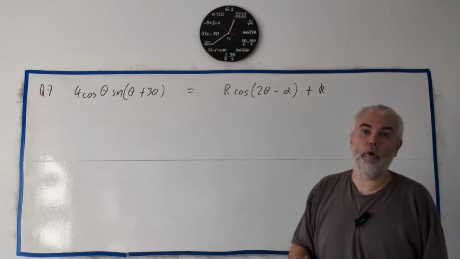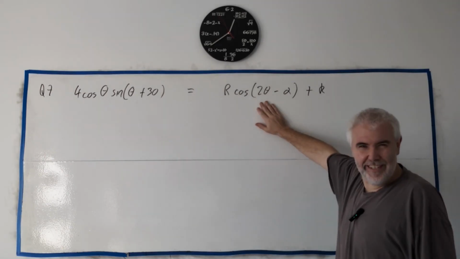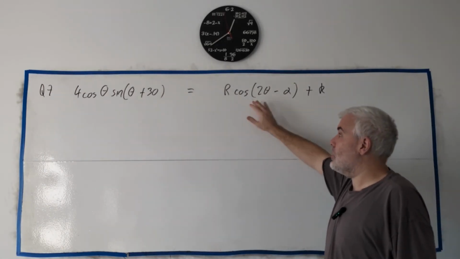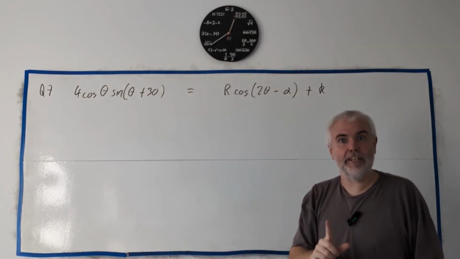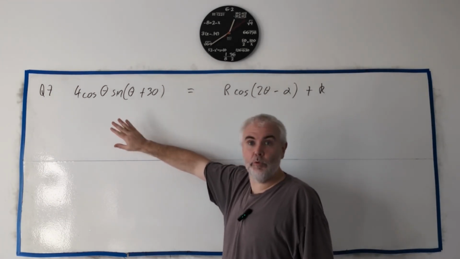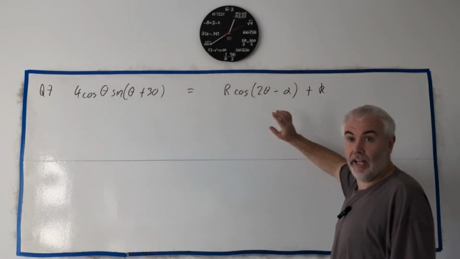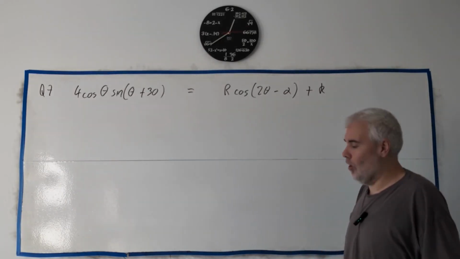That's annoying. We want them both to be the same. So your choices are change this to a single maybe, or change these to a double. That's usually difficult, but as it turns out in this question, that's easier. You end up being able to change this into a double, and it starts looking a lot like this side. Let me jump into it and show you what I mean as I go along.